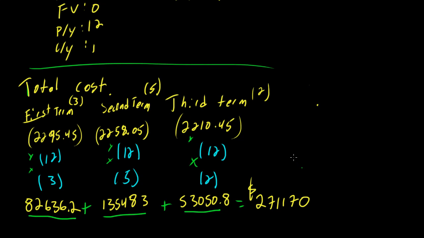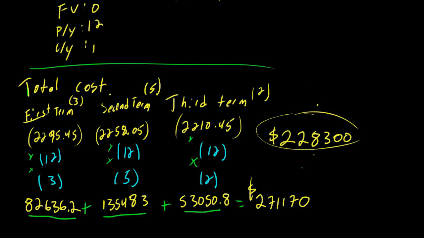$271,170. I just wanted to say that the original mortgage that they ended up taking out and financing was the original cost minus their down payment. So this was the original amount here. I'll just label that as OG amount.